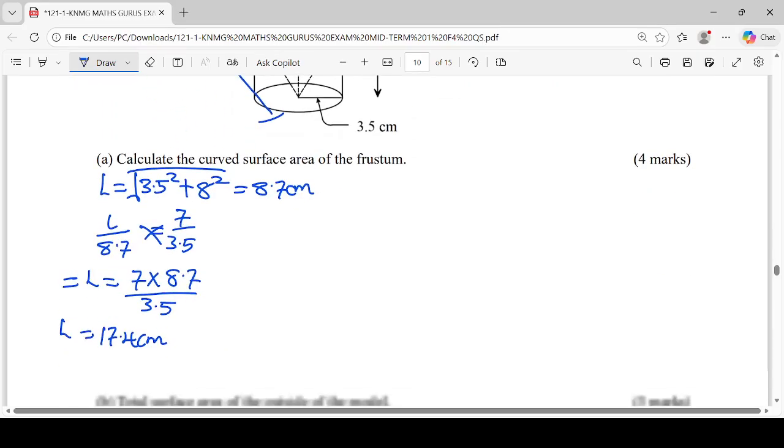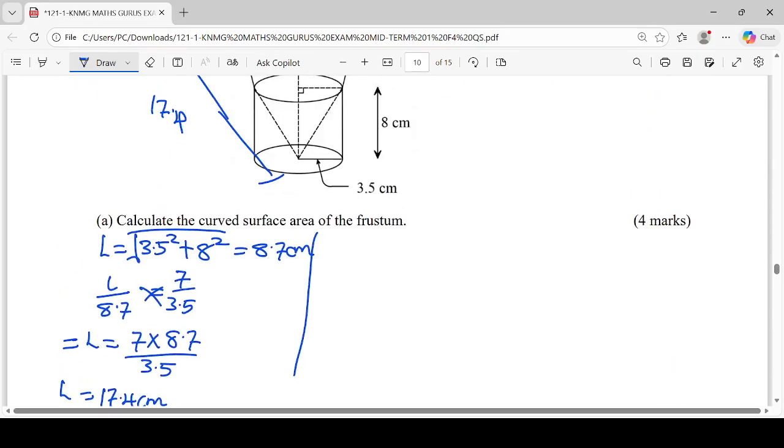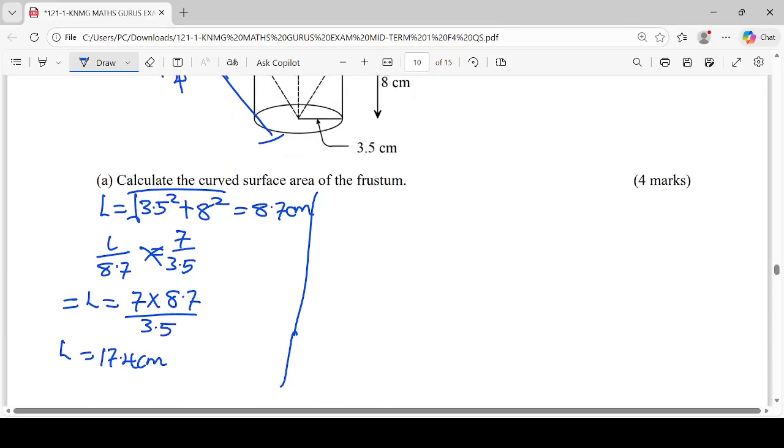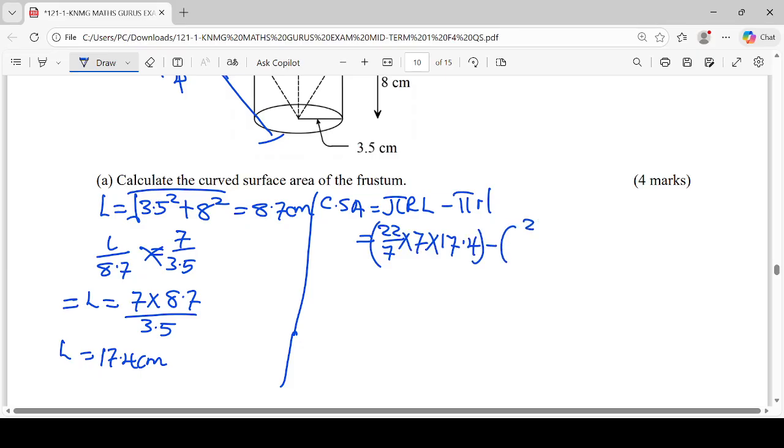So to get the curved surface area of the frustum, it's normally pi RL minus pi rl. So our pi here is 22/7 times the bigger radius 7 times the bigger slant height, which is 17.4, minus 22/7 times the radius 3.5 times the slant height of 8.7.